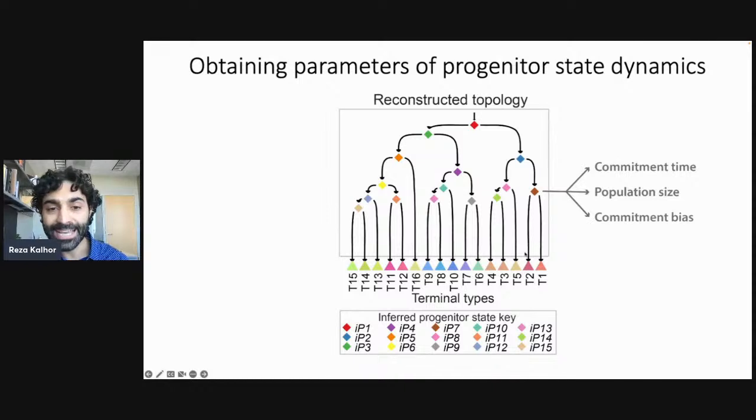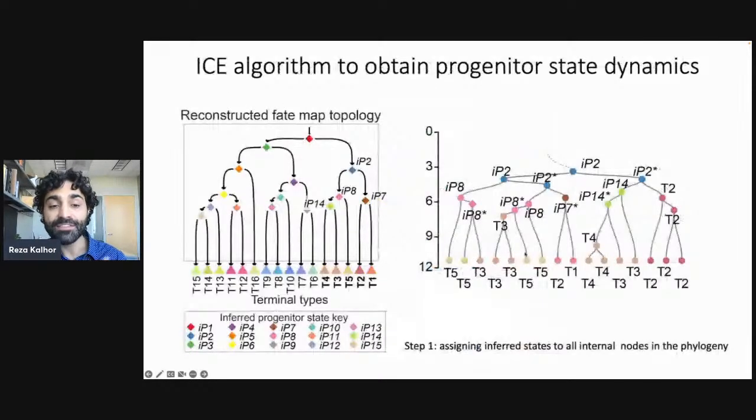So to extract those types of parameters, the first step we took was assigning inferred states to all internal nodes. Having this topology that the phase algorithm gave us, we can annotate internal nodes of the phylogenetic tree with more information.